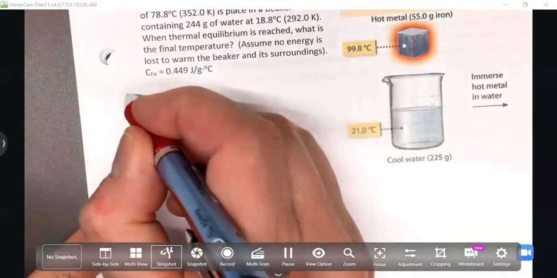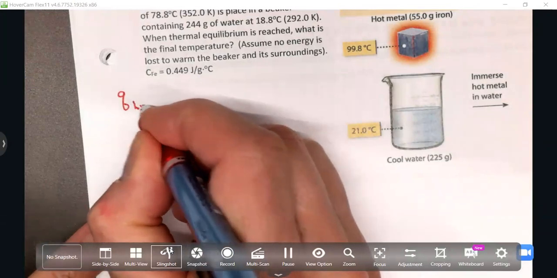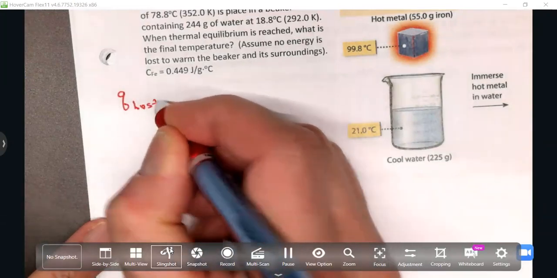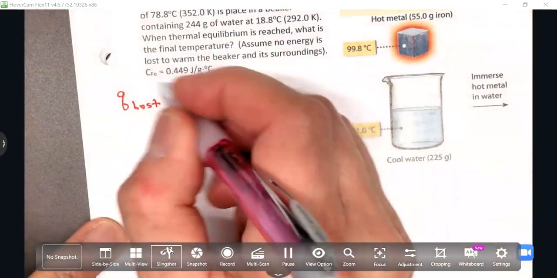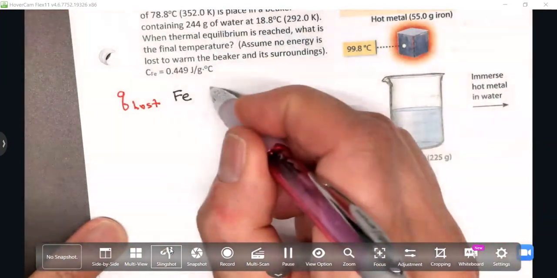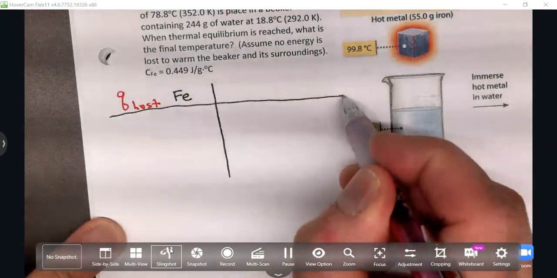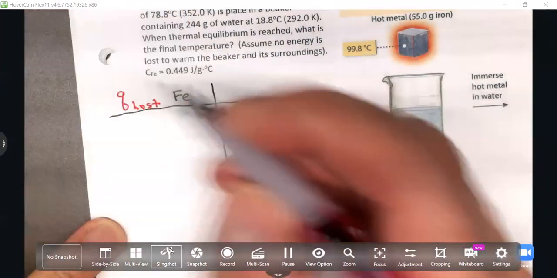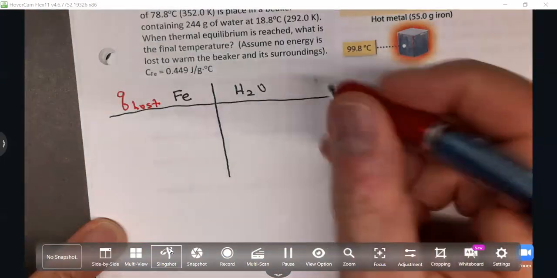So we know that, I'm going to put this in red, the heat lost, conservation of energy, and I'm going to split this here. Heat lost by the iron is going to equal heat gain by the water.